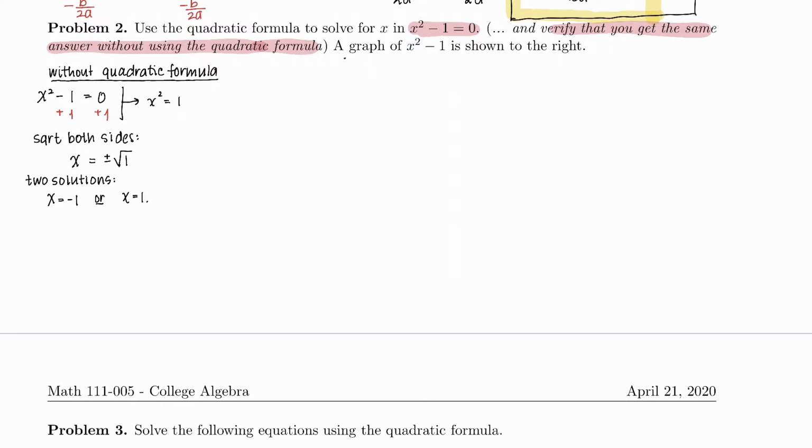And from this, we can draw a quick picture of what this will look like. Here's my x and y axes. Let's say here's x equals 1, and here's x equals negative 1. And if I draw x squared minus 1, that should look like this.